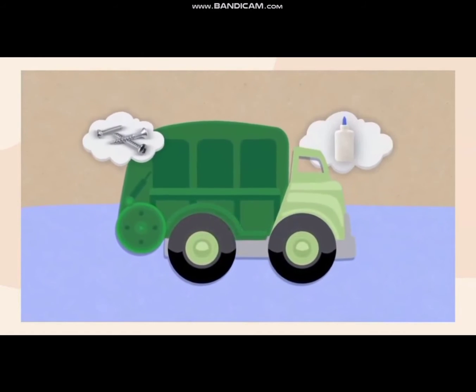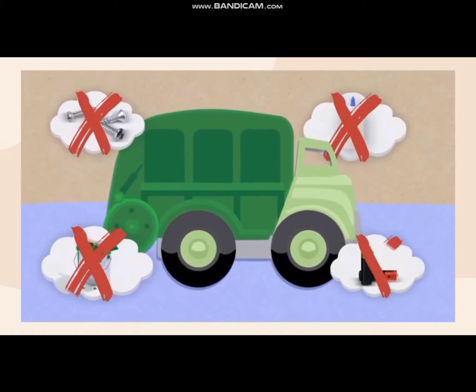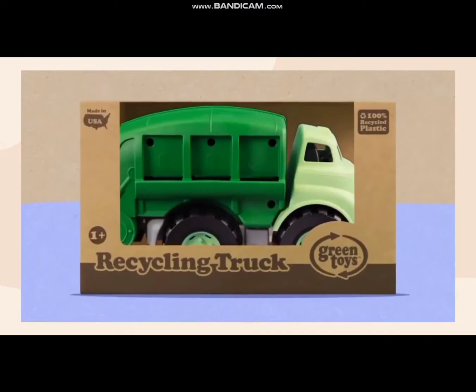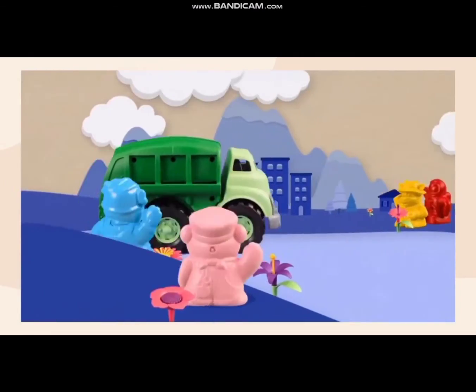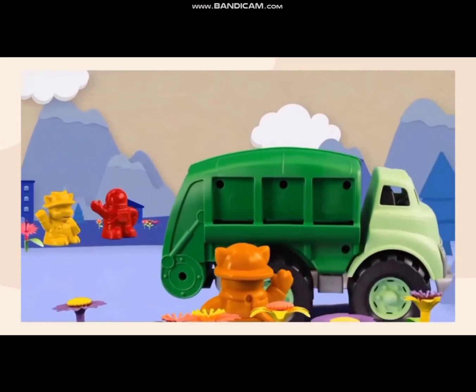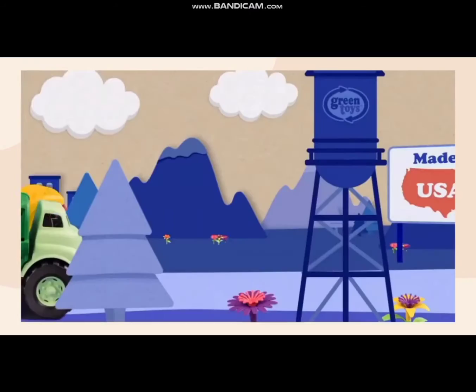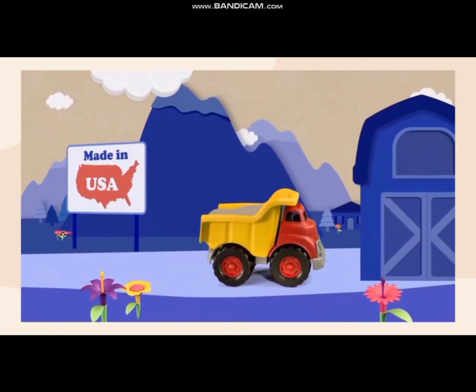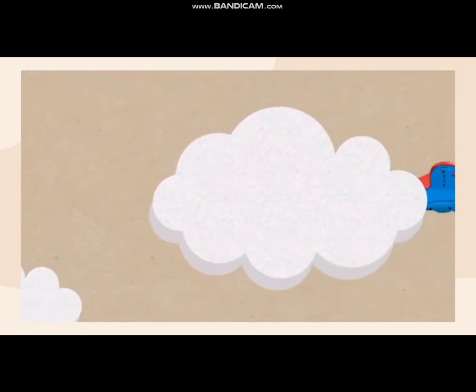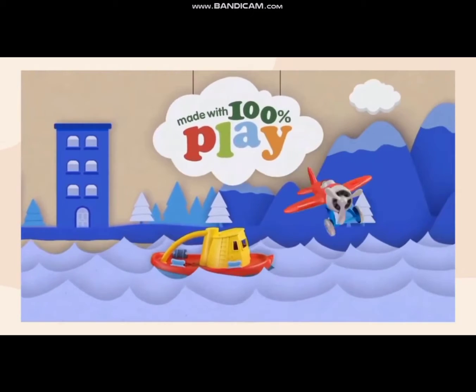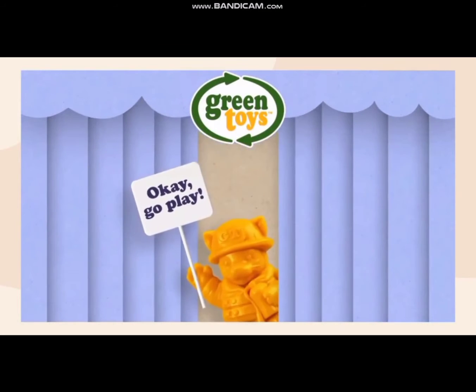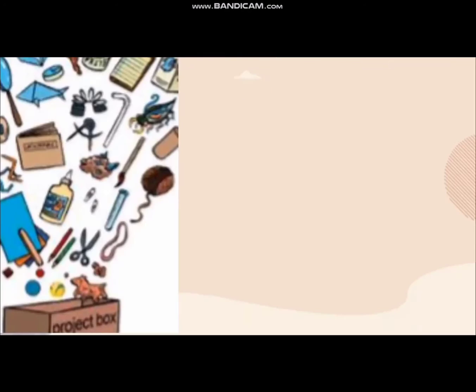Their system also diverts materials from landfills, which saves energy and reduces their carbon footprint. Furthermore, they are made exclusively in the United States, which reduces greenhouse gases, energy, and transportation. Green Toys Company is committed to raising awareness about sustainability while delivering unquestionably safe products.